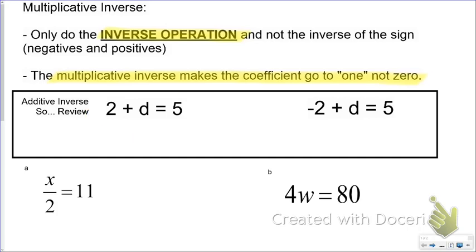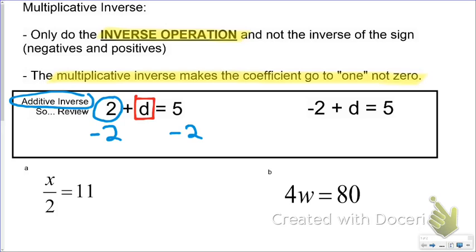Let's go back to what we call the additive inverse. This involves addition and subtraction. So I have to actually get rid of this 2 here to isolate the variable d. How do I get rid of a positive 2? I do the opposite of a positive 2, which is a negative 2. And if I do a negative 2 on one side, I have to do a negative 2 to the other side to keep it balanced.